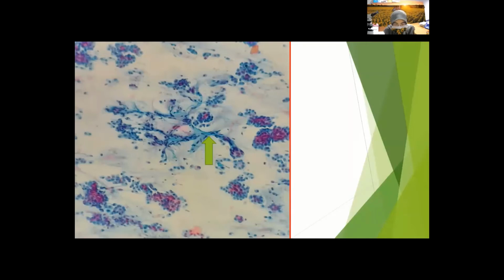associated with the cells. So the pattern of the cells is also quite dispersed, with single intact cells present in the background. Hardly can we see any bare nuclei or myoepithelial cells in the background or associated with the tumor cells.